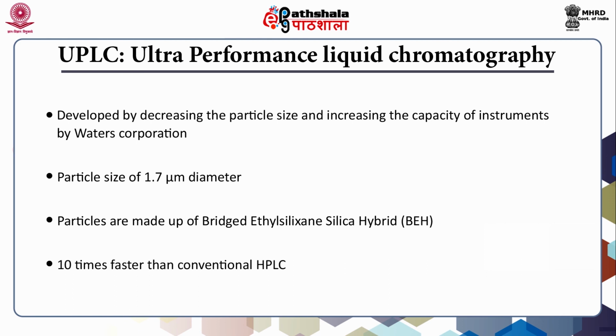What they have done basically is decrease the particle size and increase the capacity of the instruments to withstand the pressure. That is the simple thing. By doing that, the efficiency of HPLC is increased and it is faster, and that is called UPLC. We can appreciate the separation of the molecules and the fastness of UPLC in the next slide.